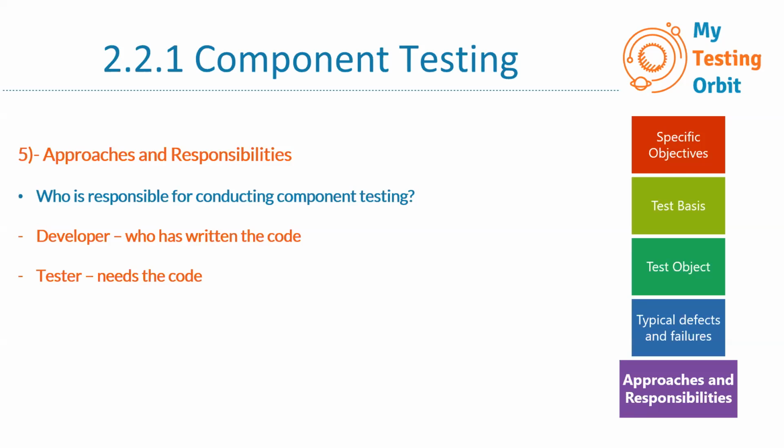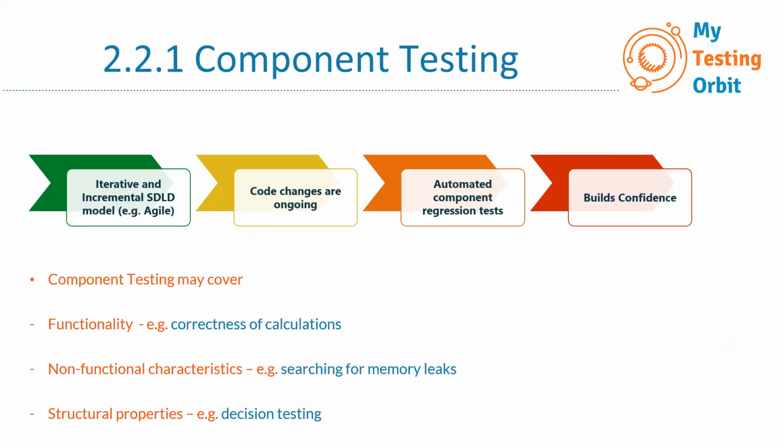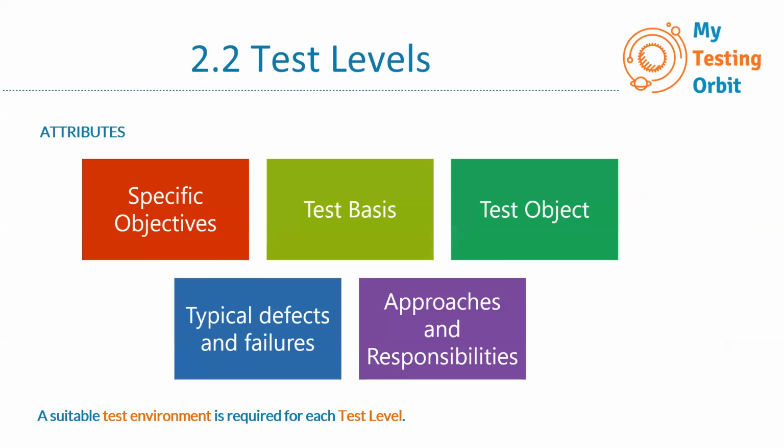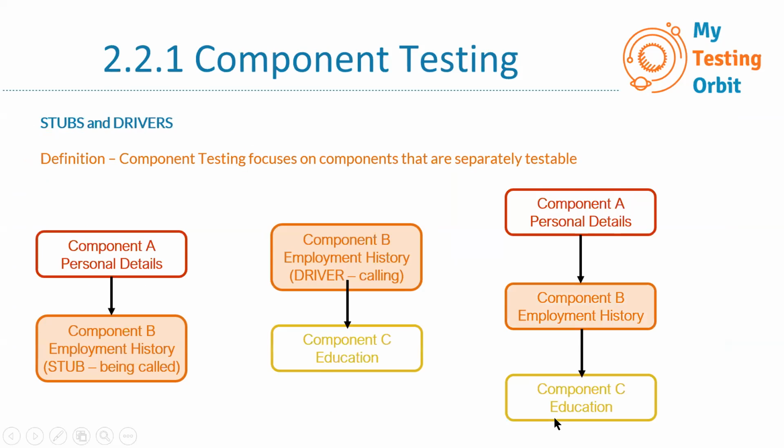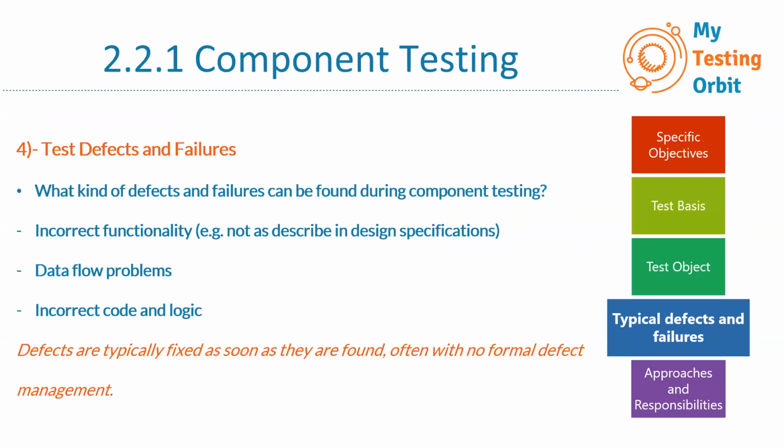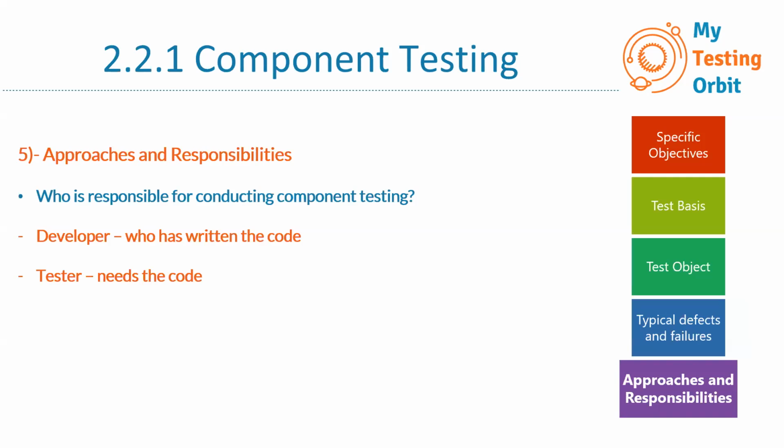One more thing over here, as we covered, a suitable test environment is required for each test level. As we are talking about component testing, we also need to cover what kind of environment we need. Because it's mostly a developer who is doing component testing, the developer does it on his own machine.